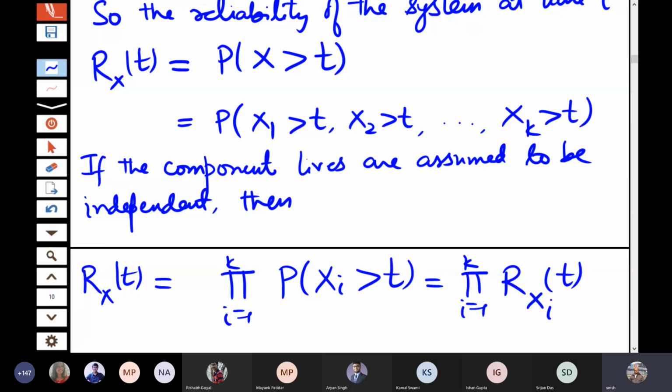Can anybody tell that? 0.9 to the power 10. 0.9 to the power 10 is roughly 0.348. So that is nearly 35%.